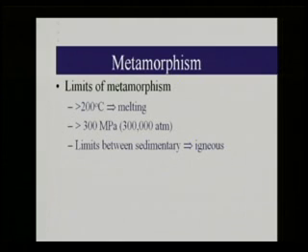We're also looking at pretty high pressures as well, greater than about 300 megapascals for metamorphism. Again, this is between sedimentary and igneous rock parameters. There are many different parameters for metamorphism. We'll look at that a little bit in more detail later on in this lecture.